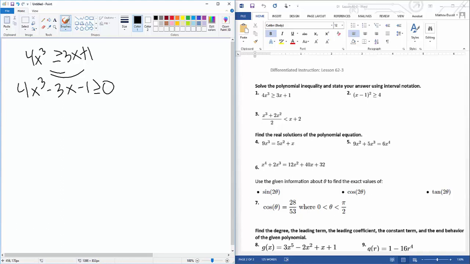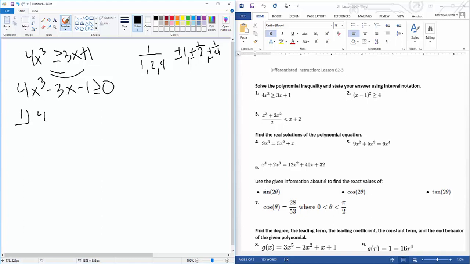Now I need to do my p's over q's. So you get 1 over 1, 2, and 4. That gives me plus or minus 1, plus or minus 2, and plus or minus 1 over 2 and 1 over 4. So I need to go through and test them. Maybe let's try positive 1.